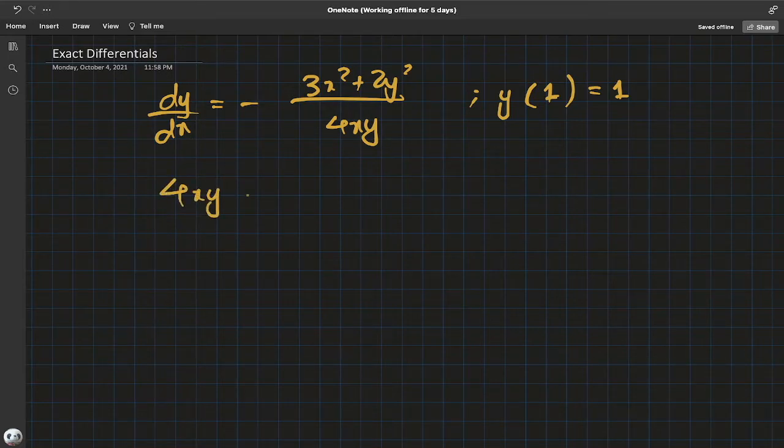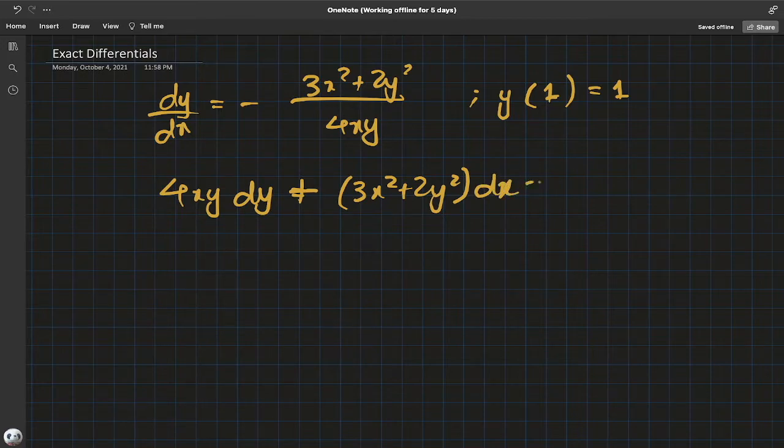So we have 4xy dy plus 3x squared plus 2y squared dx equals 0. Now we want to find a phi such that we can construct the exact differential out of this.